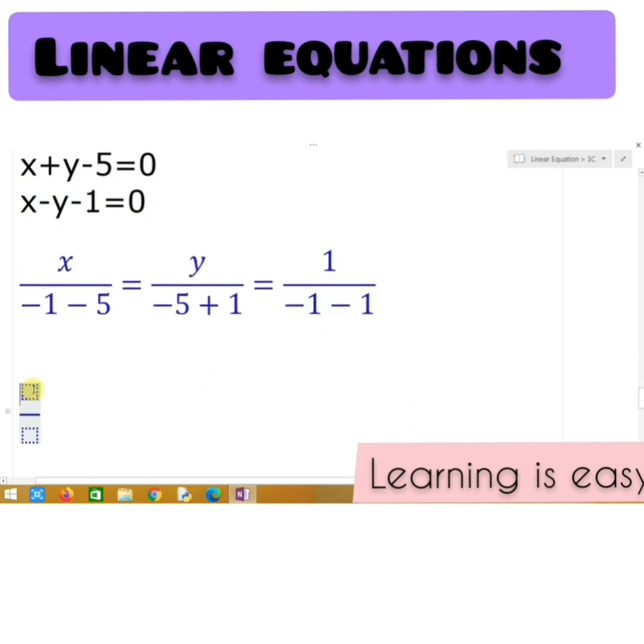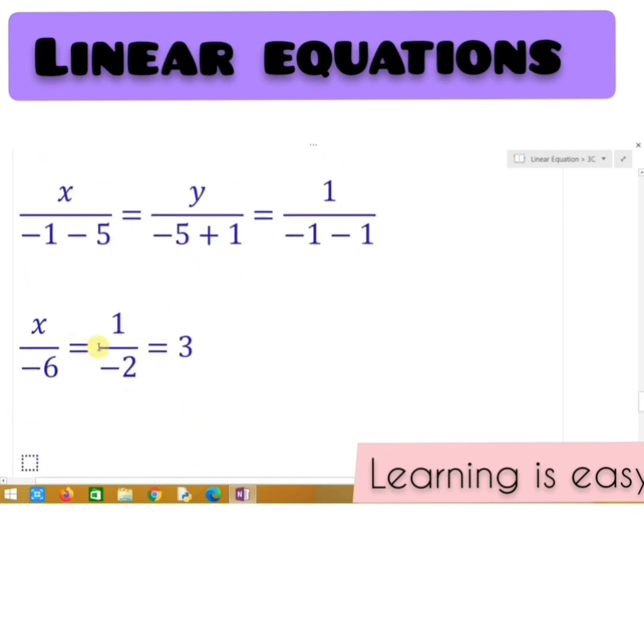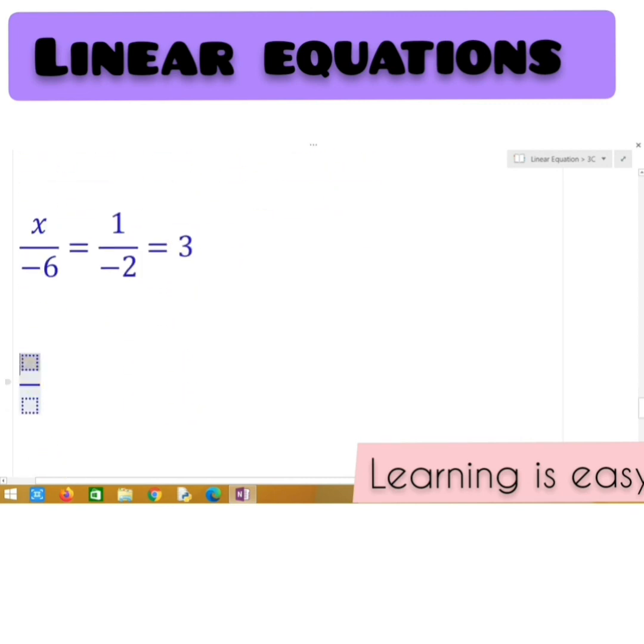Can be written as x by minus 6 equal to 1 by minus 2. So the value of x is 3. Y by minus 4 equal to 1 by minus 2. So value of y is going to be 2. X is 3, y is 2.